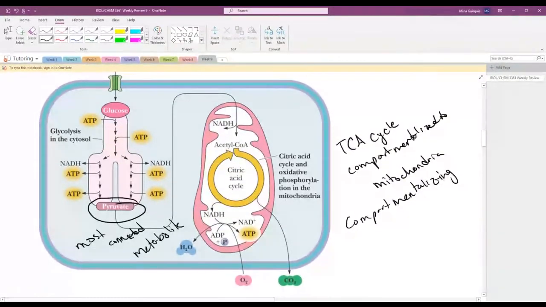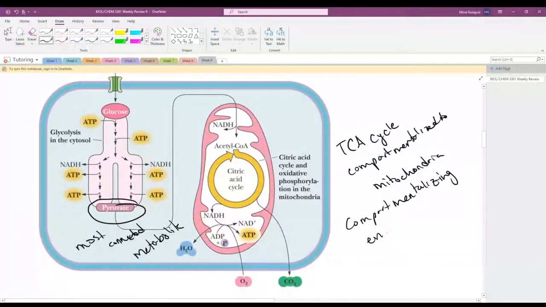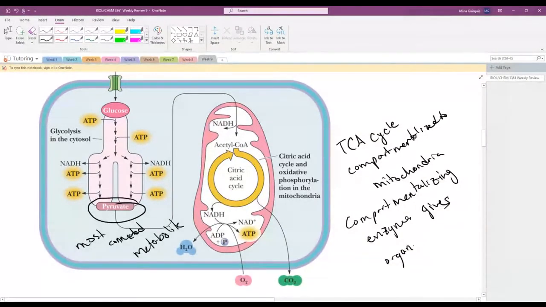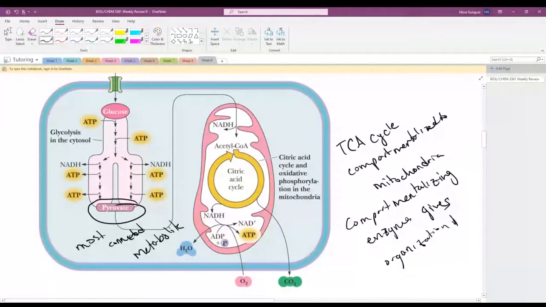Compartmentalizing enzymes gives a little bit of organization to our metabolic pathway. Organization to metabolism.